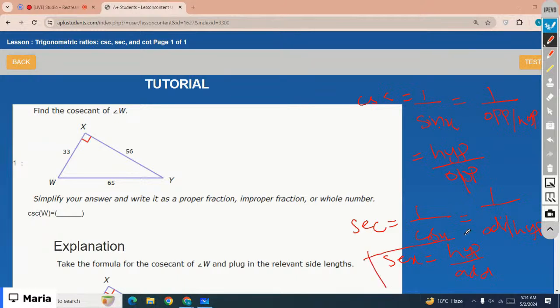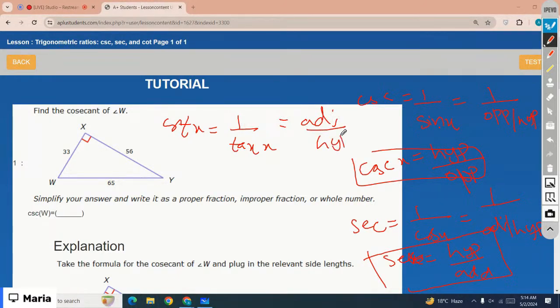And the same way, cot x is the reciprocal of tangent x, so that would be adjacent over opposite. You have to keep these things in your mind. You can note them down in your notebook.